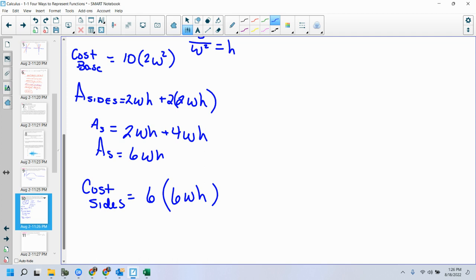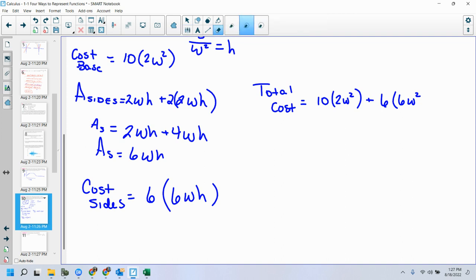So I want to say total cost is equivalent to 10 times 2W squared plus 6 times 6WH. Oh, sorry, WH. That's not W squared. Okay, simplify that down a little bit. We got 20W squared plus 36WH.